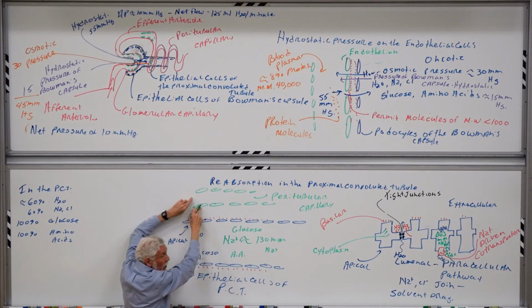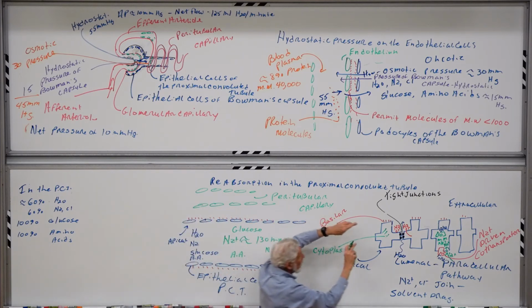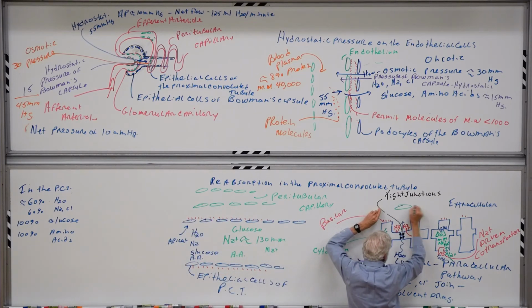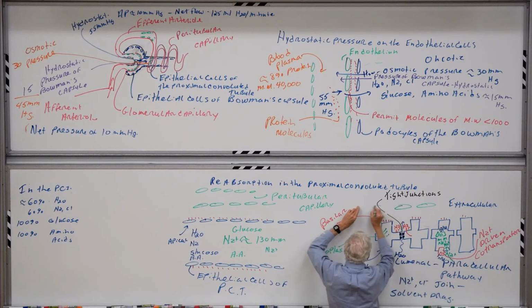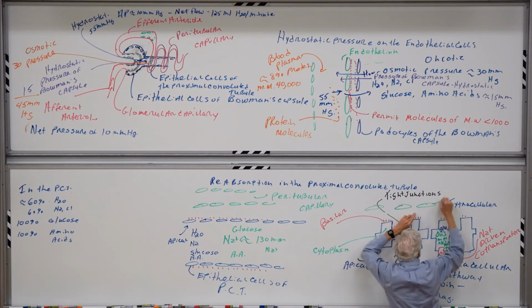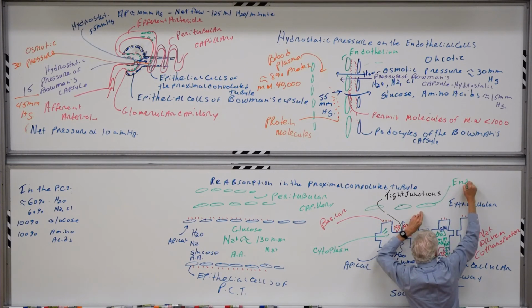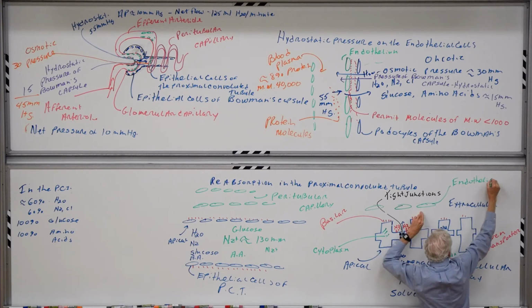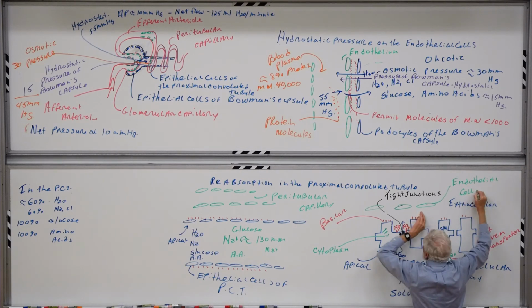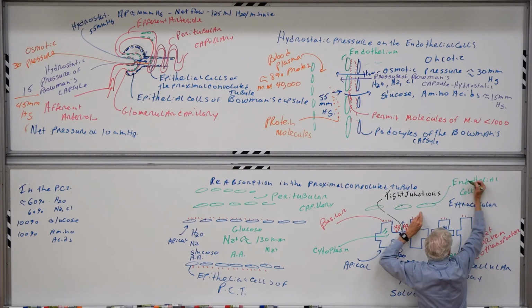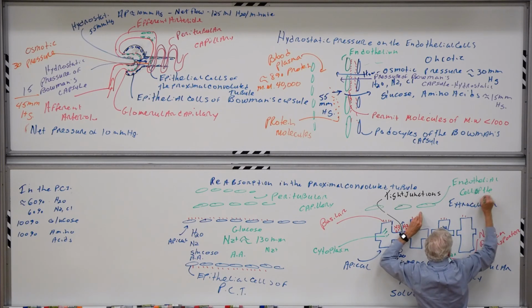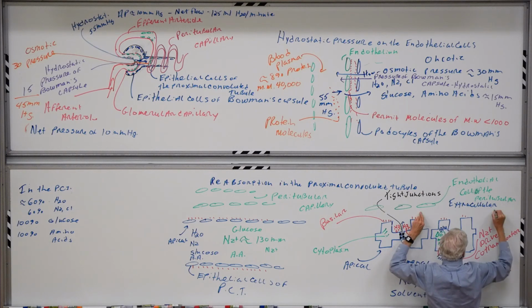So this is the peritubular capillary. If we go to the larger view, we now have these endothelial cells, again forming, this is an endothelial cell, of the peritubular capillary.